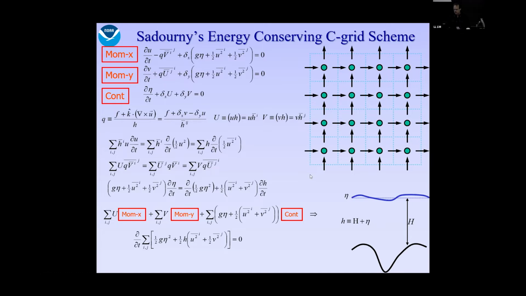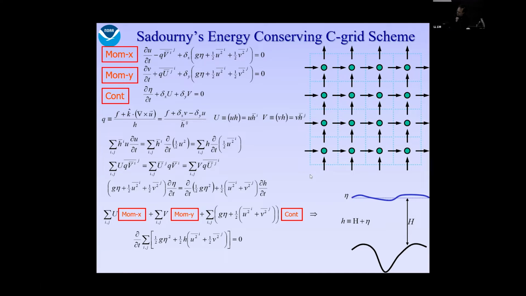For instance, in a classic 1975 paper, Sadourny explored two different discretizations, one of which conserves energy, which you can derive by taking the transport dotted into the two momentum equations, combining it with the Bernoulli function, that whole thing inside of the gradient with the pressure and the kinetic energy, times the continuity equation, to basically get an equation that is written as the time rate of change of the total kinetic energy discretized at the tracer points, the green circles, plus the exact divergence of fluxes.